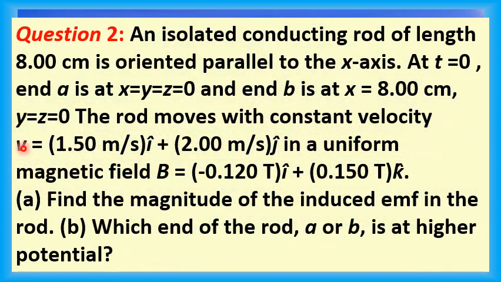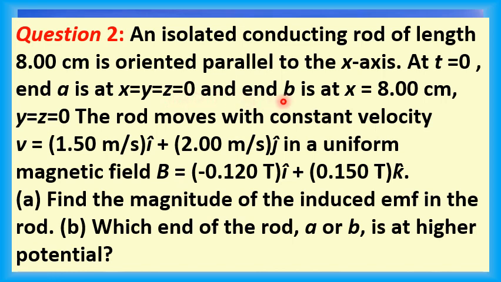Our last question, number 2. An isolated conducting rod of length 8.00 centimeters is oriented parallel to the positive x-axis. At time equals 0, end A is at the origin, that is, x, y, and z are all equal to 0.